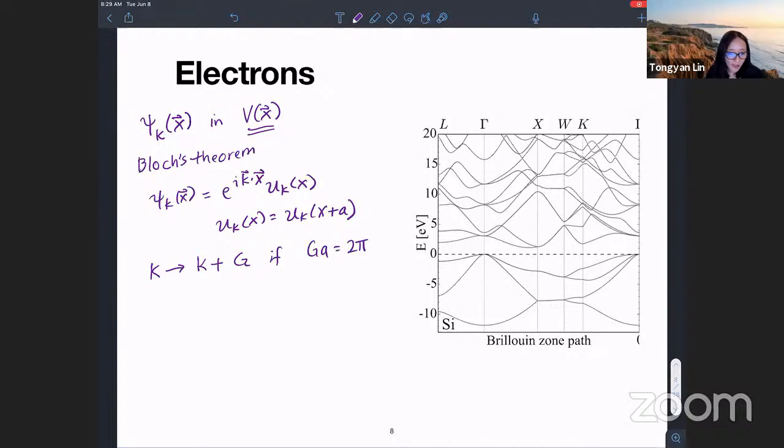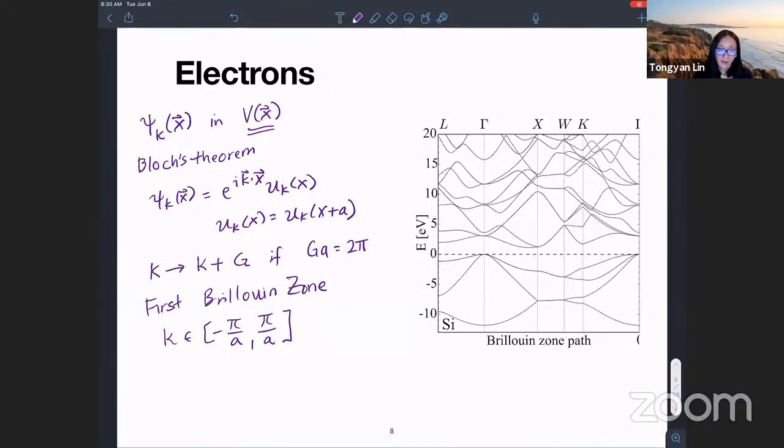So because of this equivalency, usually the spectrum of solutions of eigenstates is shown inside what's called the first Brillouin zone. So for instance, for just a 1D periodic lattice, K would be in minus pi over A to pi over A. So you would just show the spectrum of eigenstates in a particular K range.